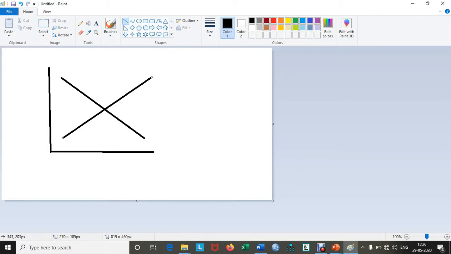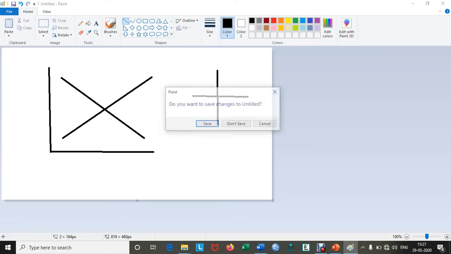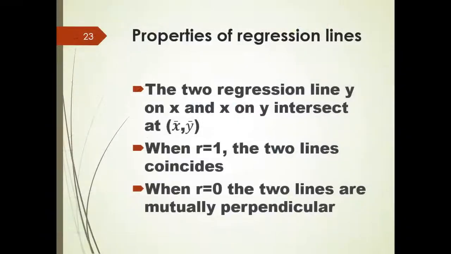If r is 1, both lines are like this, one on the other, and if r equals 0, they are perpendicular to each other. So that is what is mentioned here. When r equals 1, the two lines coincide. When r equals 0, the two lines are mutually perpendicular.